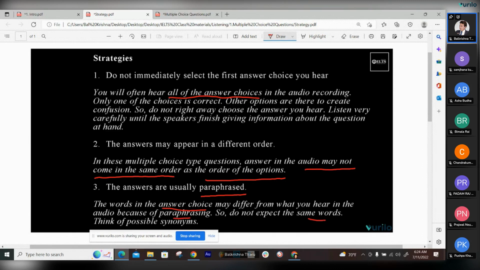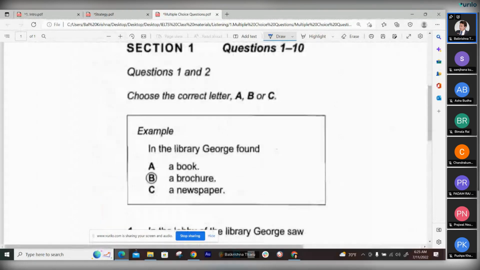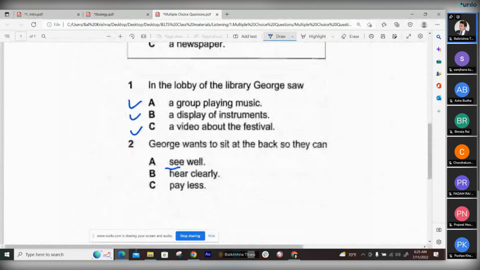Think of possible synonyms. For example, the speaker might not use the word see. You can see question number 2 here. George wants to sit at the back so they can see.